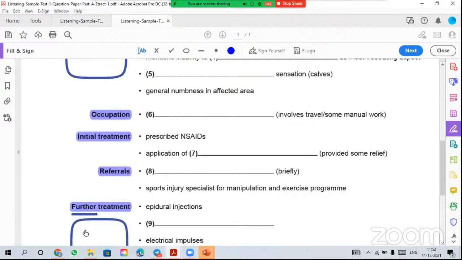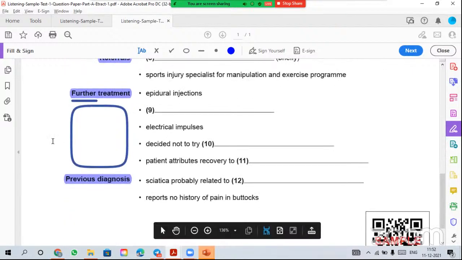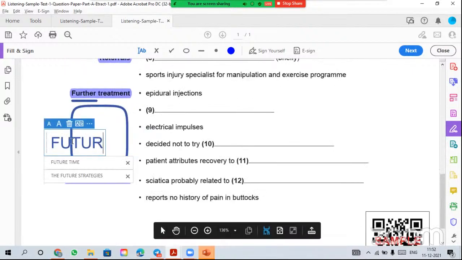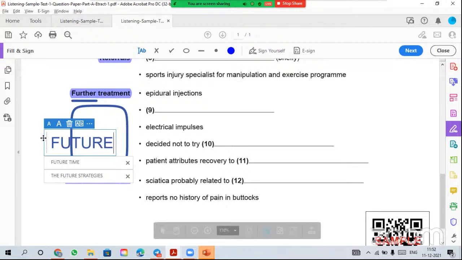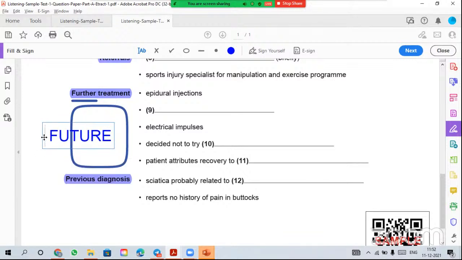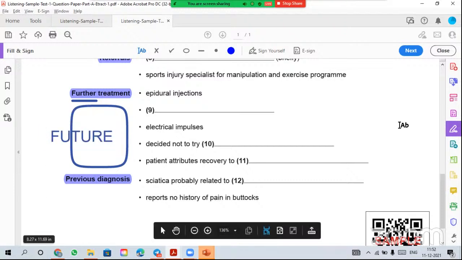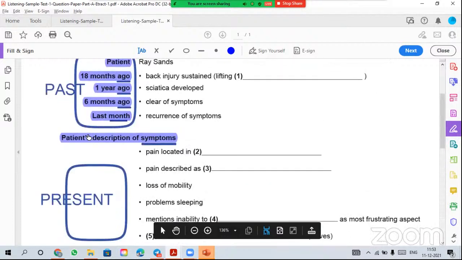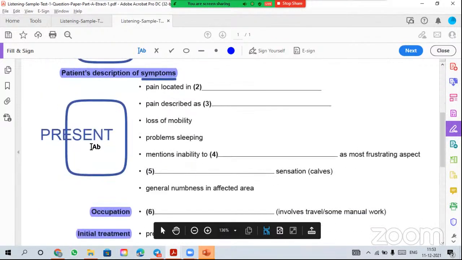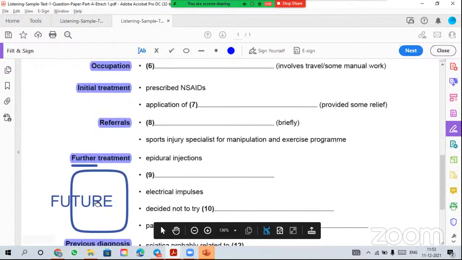And this is related to future. So one lecture is enough for you to understand. You need not do 100 tests. One test, one explanation, one lecture. Learn it perfectly, that is enough. So this is about past, this is about present, this is about future. Now try to understand here.